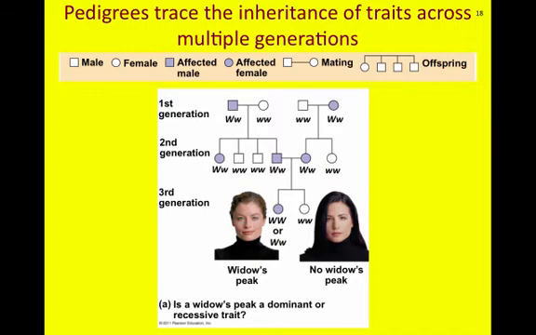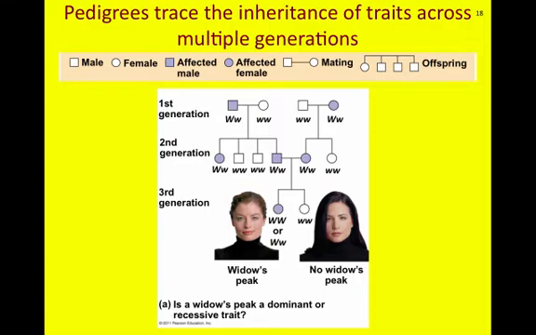And we can use pedigrees, these traces of traits, to determine how genes, how traits, how diseases are inherited. How are they passed on? What is the mode of inheritance? You'll often see that.